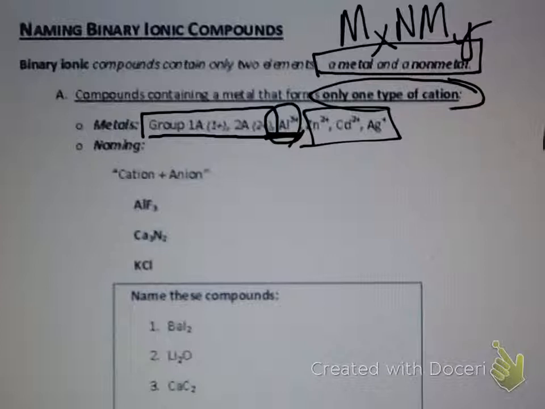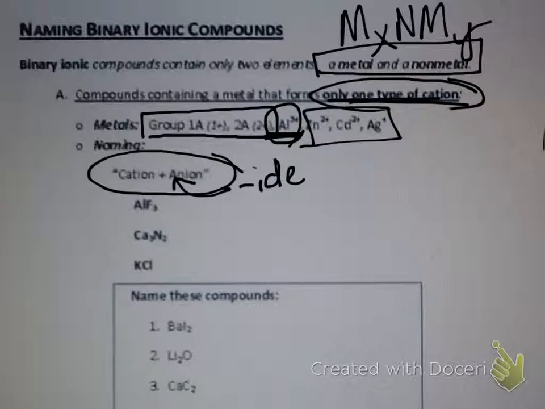So if this is the case, you have an ionic compound, the metal only forms one type of cation charge or oxidation state, then you're just going to name the cation plus the anion. Remember when we named cations, it was just named the elements, and then we put the word ion on the end. For anions, remember that it was the stem of the element, and then the suffix "ide" at the end.